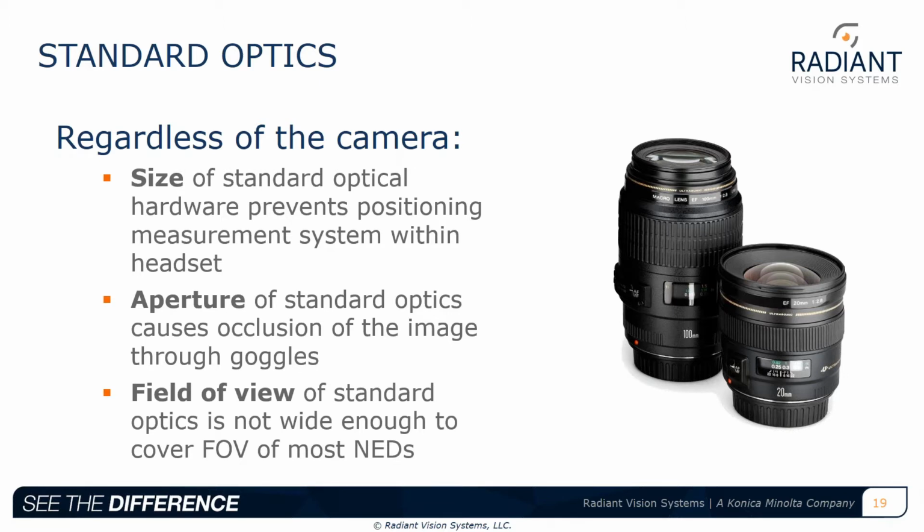The entrance pupil for most standard lenses tends to be where the adjustable aperture is located inside of the lens body, the barrel of the lens, and that tends to be pretty far back from the front of the device. So it's effectively going to be impossible to get most of these devices to have the entrance pupil located where the human pupil would be located if they were actually using the device in a standard use case.